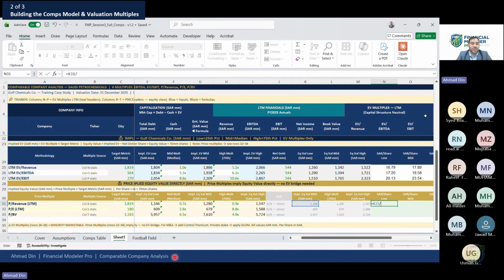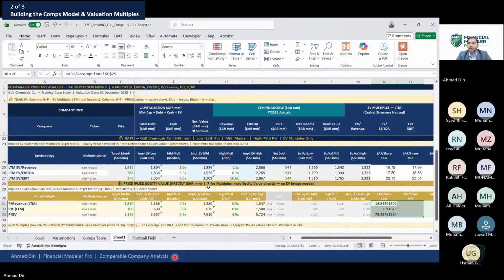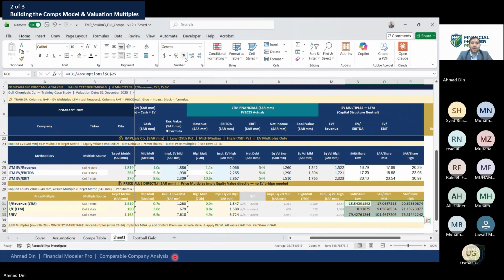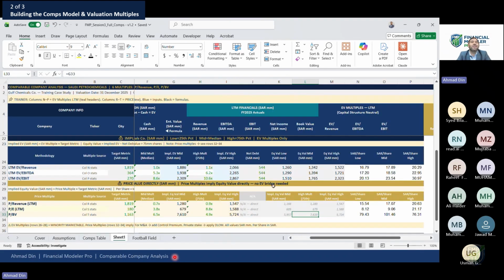So now for our share price at low, we will use the number of shares. So we have the price on each multiple. Now you clearly see that all the multiples give us ranges. Only for the book value multiple, the range is a little bit weird compared to the others, so it can be an outlier. It states that our equity value is too high, but our company book value is low.